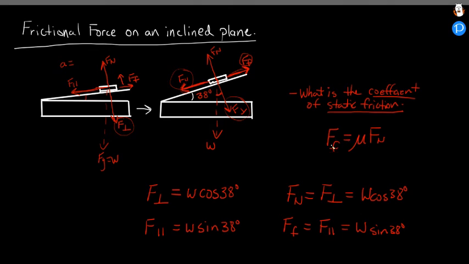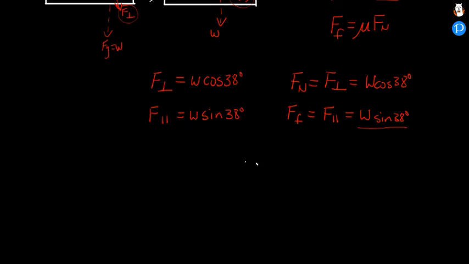So for the force of friction, let's substitute in what we've just figured out. Force of friction, we just said, is the weight times the sine of 38 degrees. So let's plug that in. For my force of friction, the weight times the sine of 38 degrees is equal to mu.